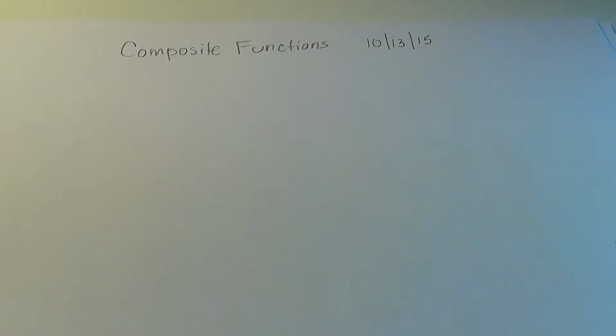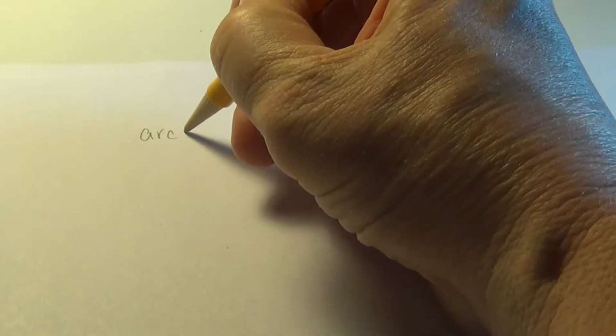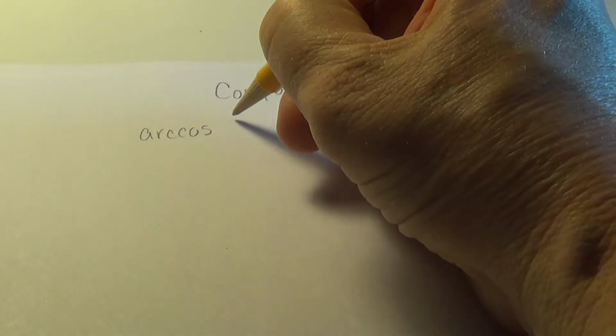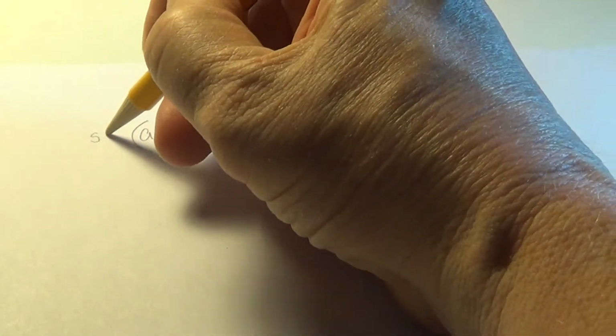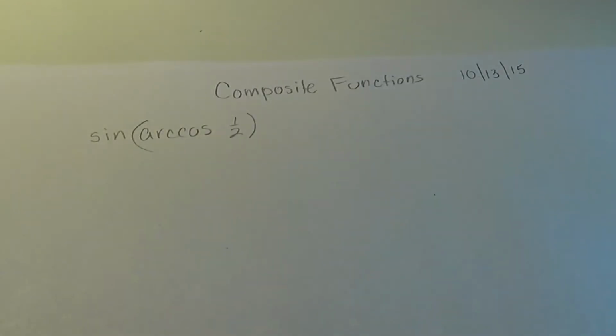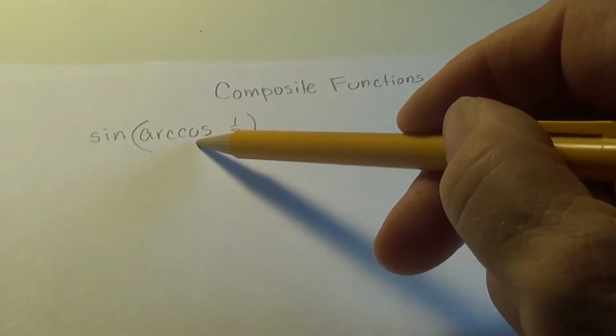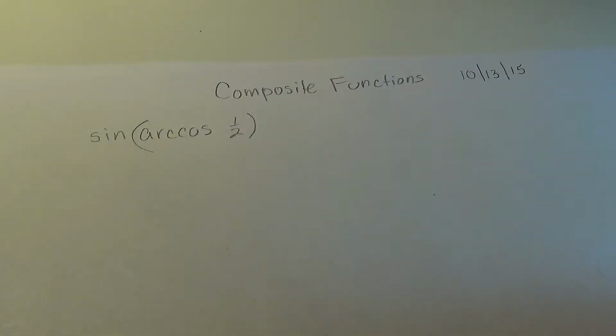Let's say I have the arc cosine of 1/2, but then I'm going to take the sine of that. So the whole problem is the sine of the arc cosine of 1/2. You can see one function is inside of another, and that's what composite means.